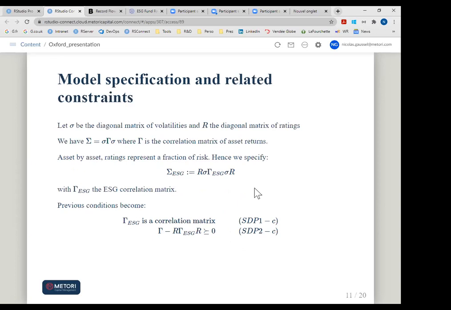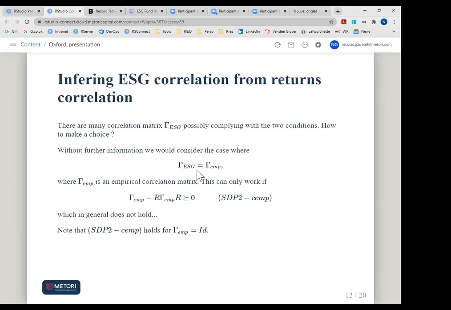If we want to start with a proxy of ESG correlation between return correlation, we can only do that if that condition holds. This is where we need a shrinking procedure, so we find a correlation matrix where this condition holds. Then we could write an underlying model where you have two sets of factors.